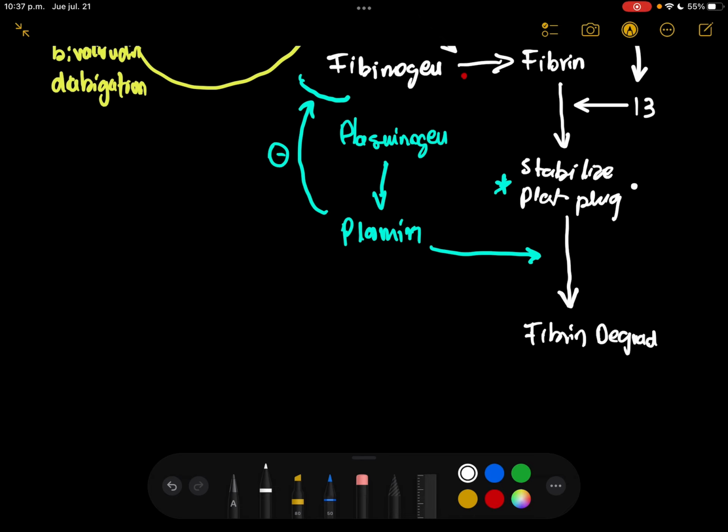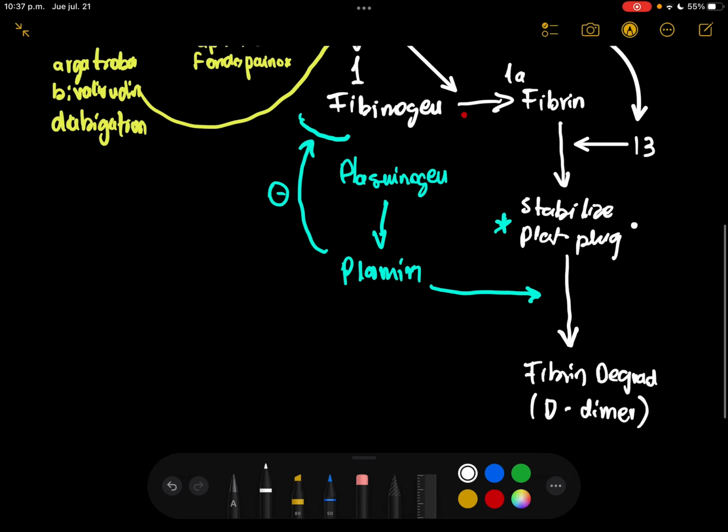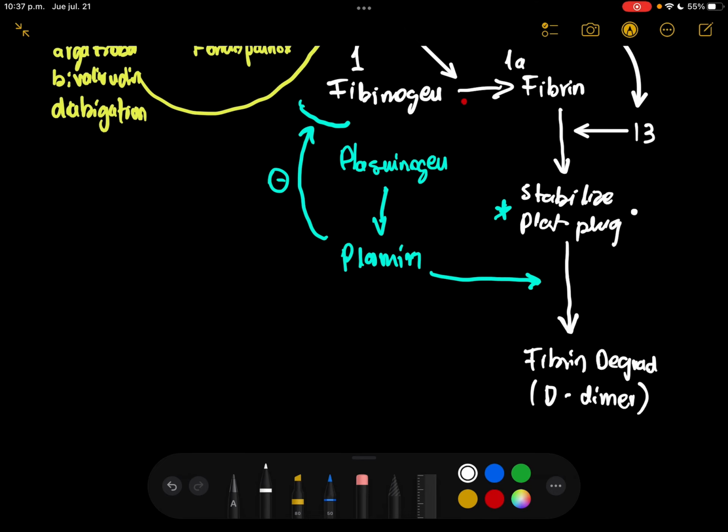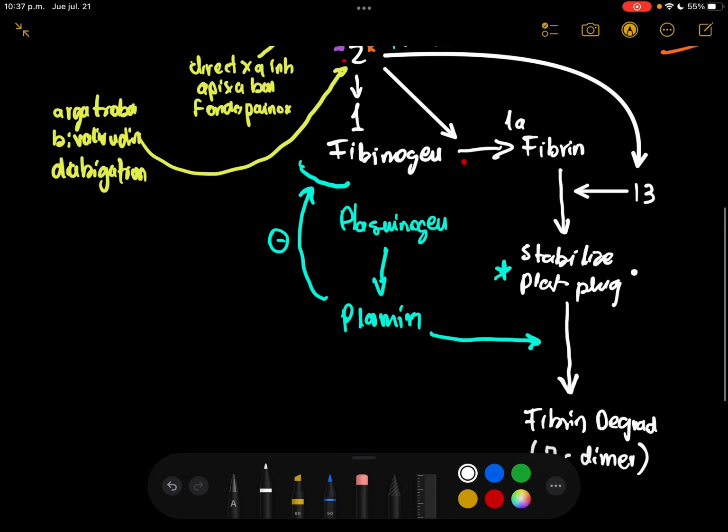Also, the fibrin degradation product, we're going to call it D-dimer. It's an important marker that we're going to look at when we are dealing with a coagulation problem.